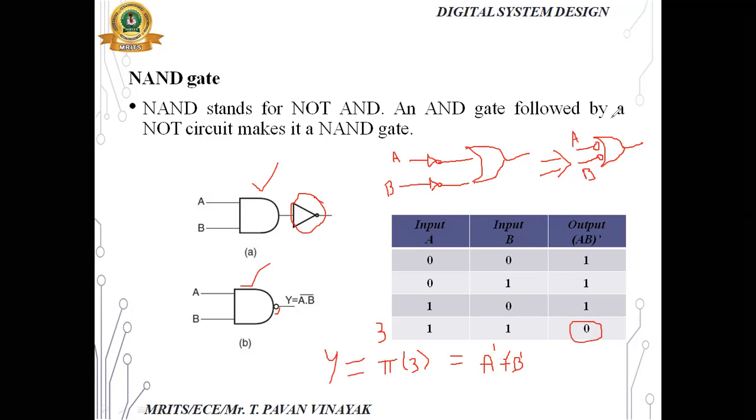This one and this one are equivalent circuits. Okay, this is the main circuit. These two are equivalent circuits. Okay, you can use this one also. Using the sigma function also, you get A bar plus B bar. You can check it. Okay, 0, 1, 2. 0, 1, 2 is this one. You can check it.